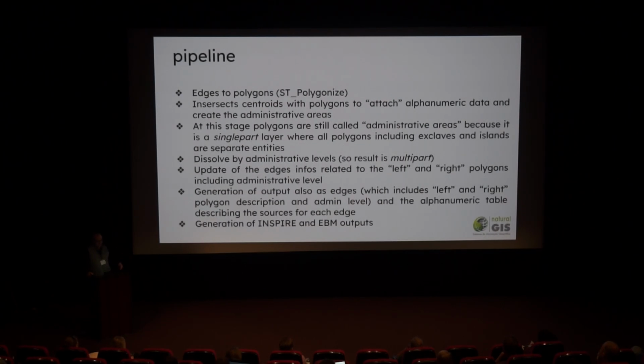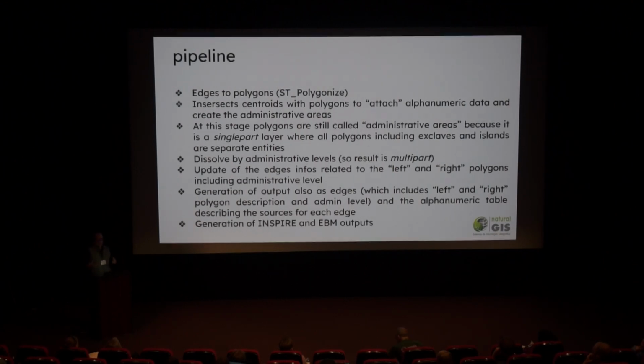So the pipeline that generates the output is relatively simple. Edges are turned into polygons. Then the information is crossed with the one that is stored in centroids.